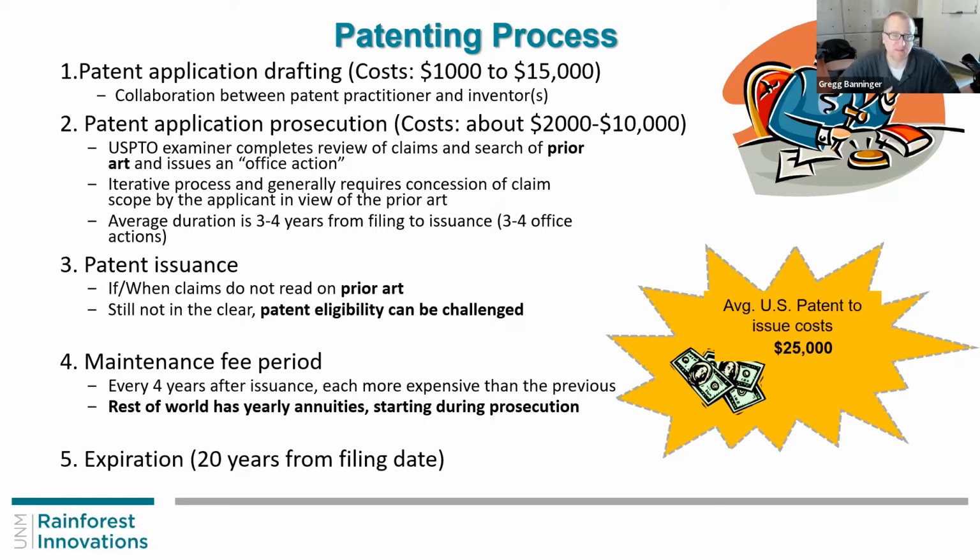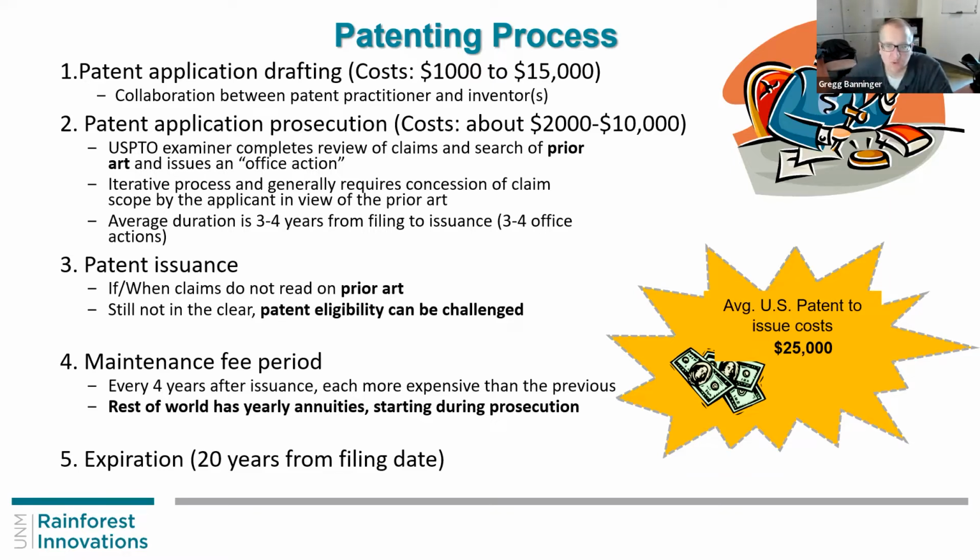Still, it's strong to have a patent issued because infringement lawsuits and challenges to eligibility are very expensive. So if someone wants to take you on, you have the patent behind you, but that doesn't mean you're fully in the clear. The US has maintenance fees every 4 years that double. Most other countries, from the time you file, require you to pay a yearly annuity. Of course, over time, it keeps going up and up.